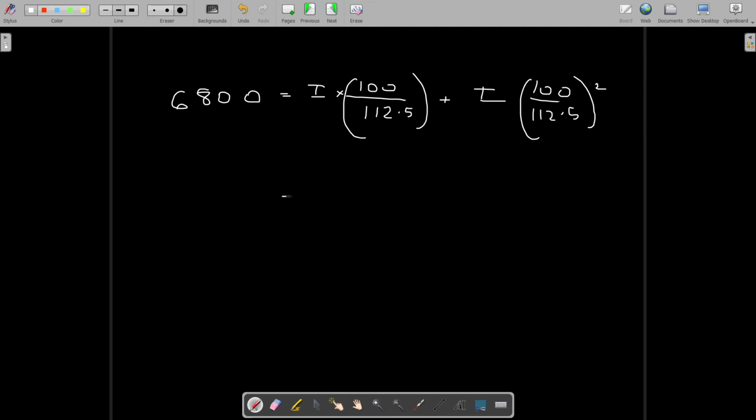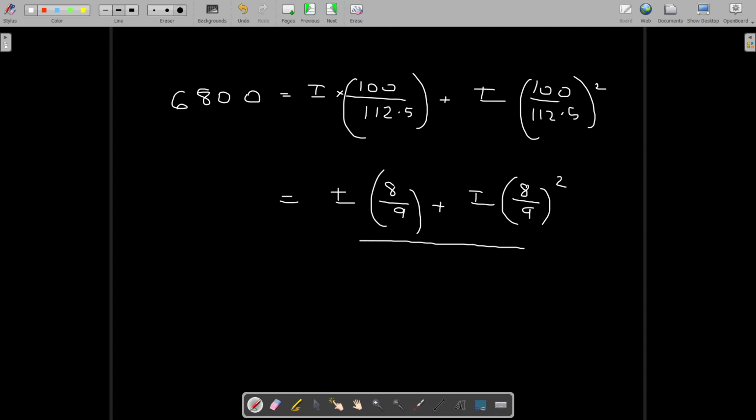Or simplifying, it can be written as I into 8 by 9 plus I into 8 by 9 the whole square. If you solve this, you will get the answer.